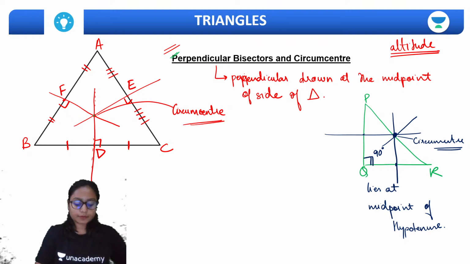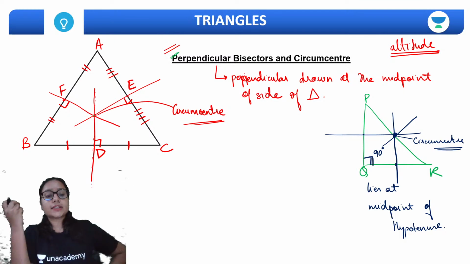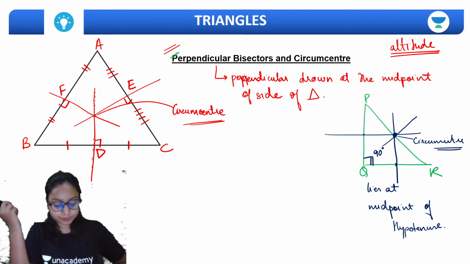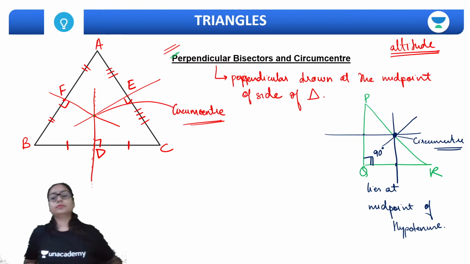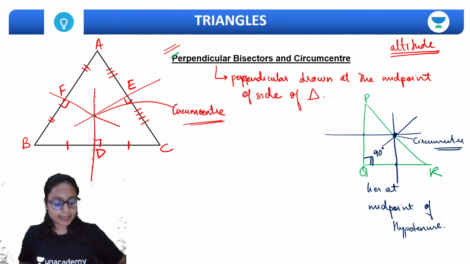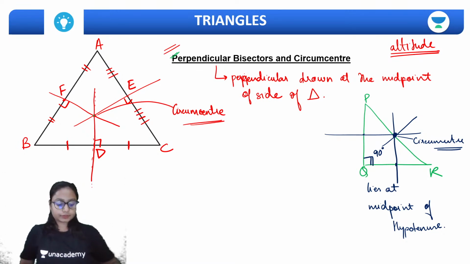Yes. Now please tell me what is the position of circumcenter in an acute angle triangle. Quickly, you can answer this in just 10 seconds. It is on your screens. Hello Devendra.